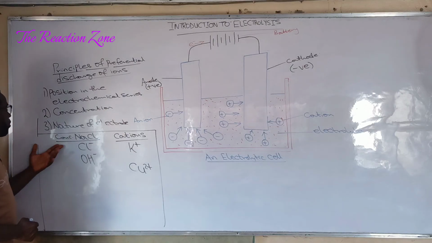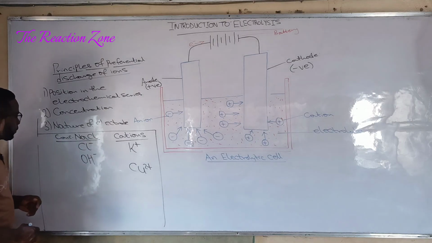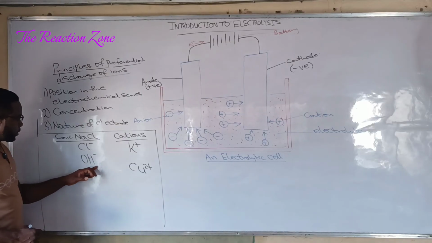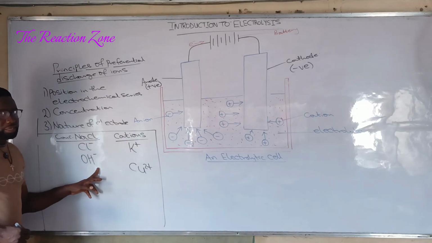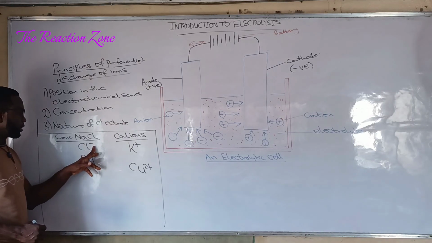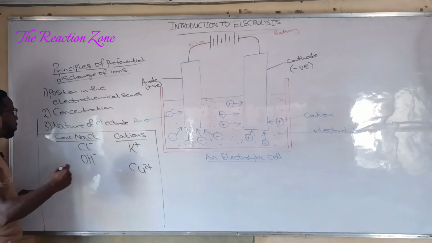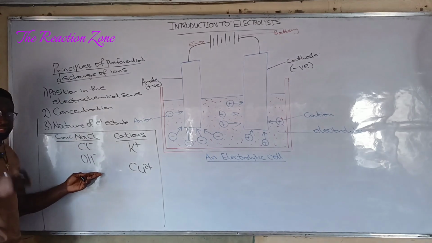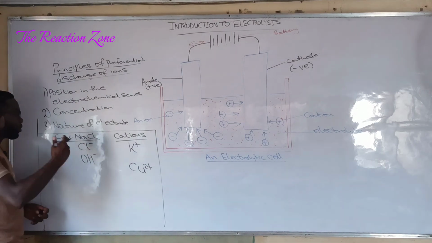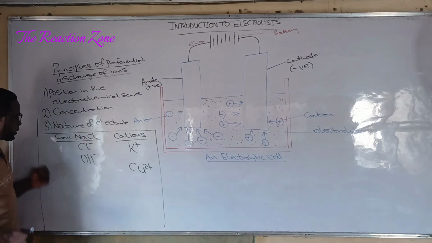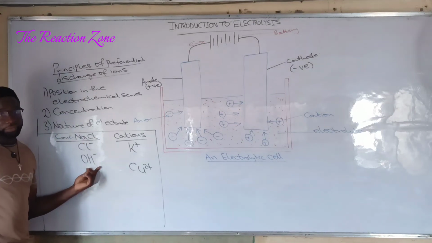In the electrolysis of conc NaCl, OH-, which is lower in the electrochemical series, is not discharged in preference to chloride ion. Instead, chloride ion is discharged in preference to hydroxide ion. And the reason for this is because the concentration of chloride ion is more than that of hydroxide ion.